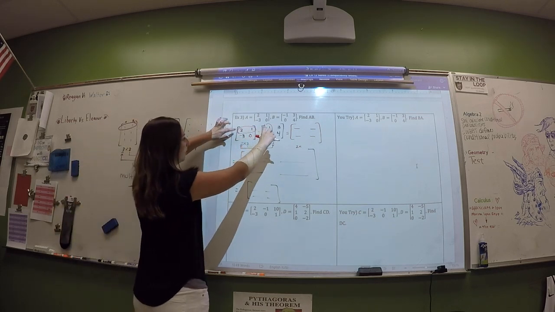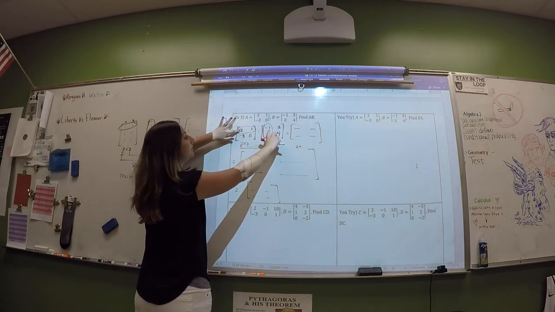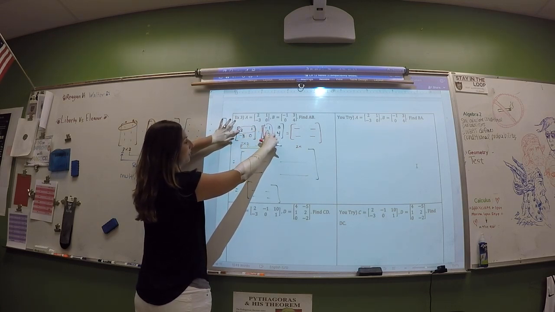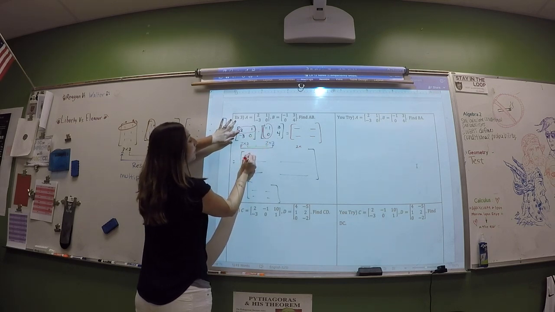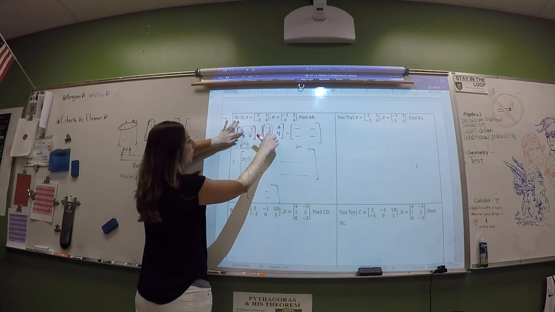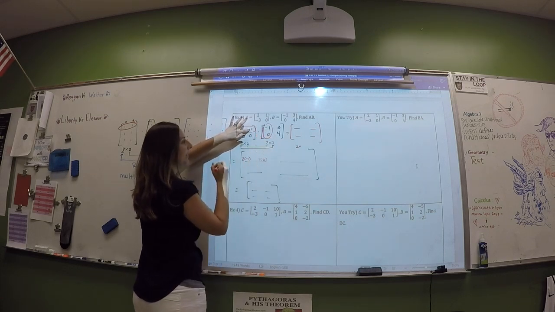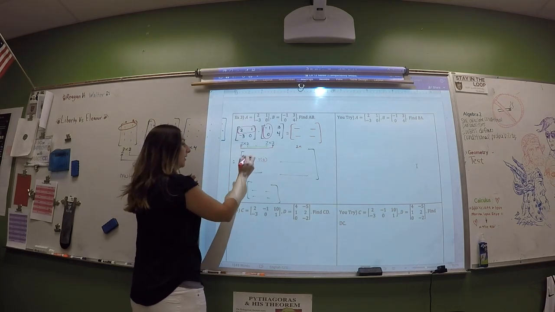First row, first column: we're gonna multiply those together, negative 2. And then we're also gonna take 1 and 0 and multiply those together, 0. And then we're gonna add those together.